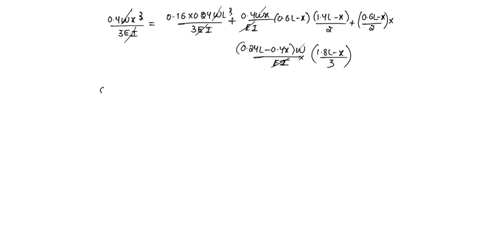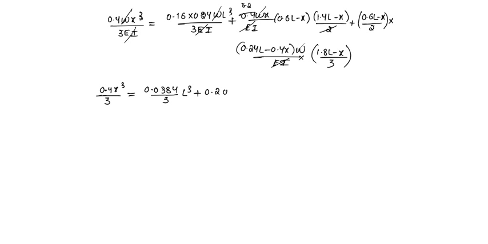So it becomes 0.4 x cube by 3 equal to 0.0384 by 3 into L cube plus 0.2. Let us cancel this.